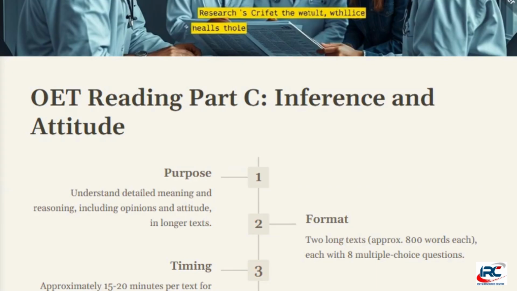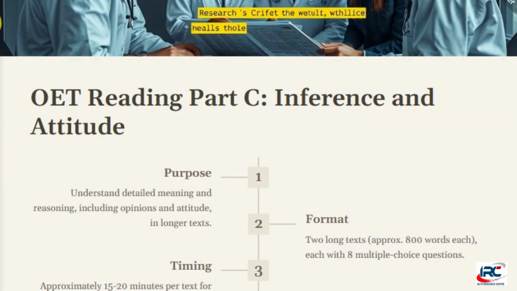These texts often reflect complex healthcare scenarios such as research articles, opinion pieces, or maybe in-depth reports, where understanding tone, perspective, and implied meaning is crucial. So your ability to infer and interpret information matters here when it comes to part C.